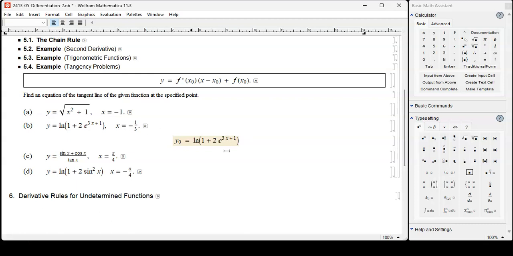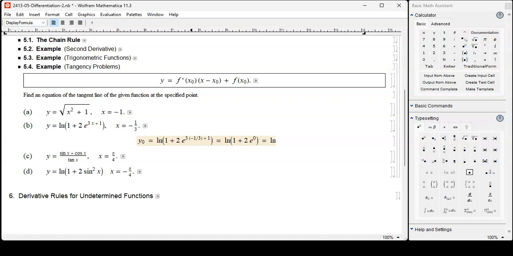Plugging in x equals -1/3, so plugging in -1/3 here. That's log of 1 plus 2, and then exponential of 3 times -1/3, so -1, plus 1, so you have the 0 power there. What's the 0 power?